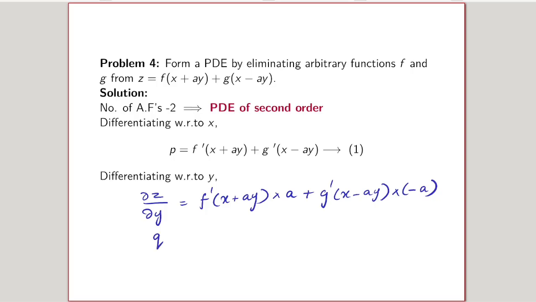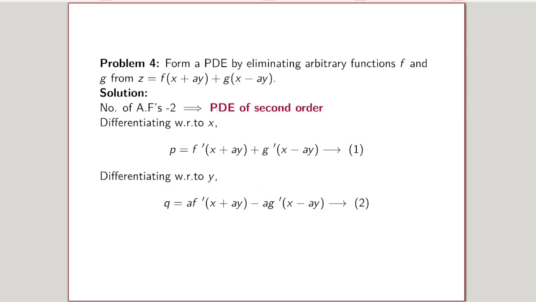So this can be written as q is equal to a f dash of x plus ay minus a into g dash of x minus ay. If we want, we can take the term a commonly outside also. Okay, this will be our second equation.